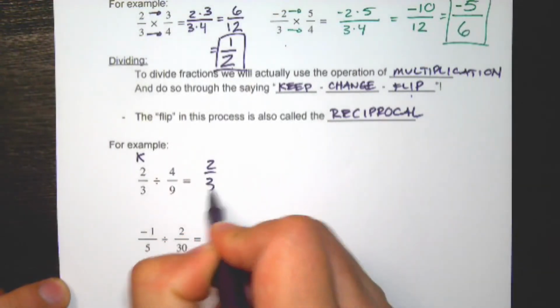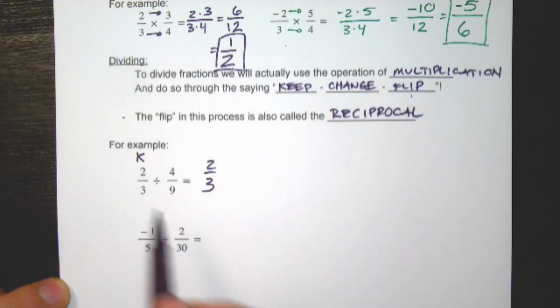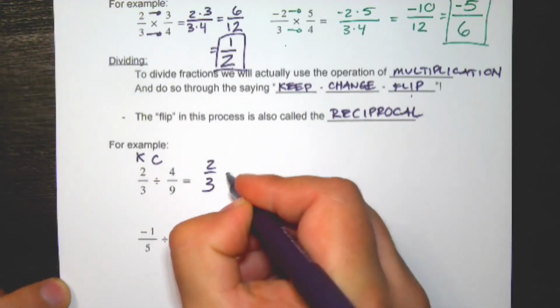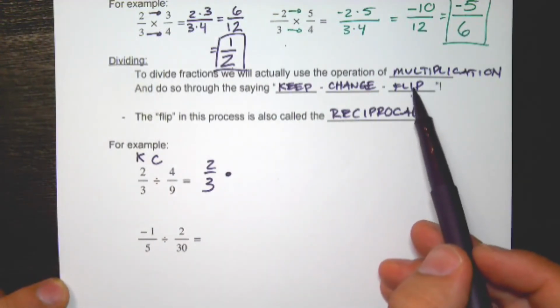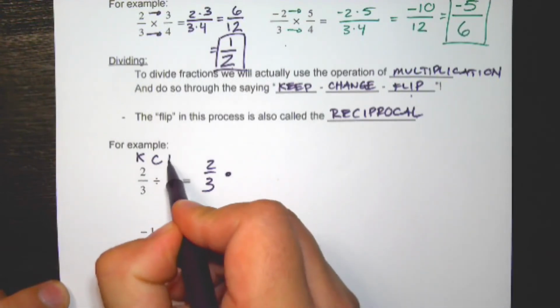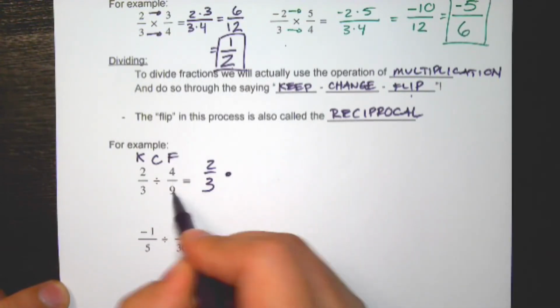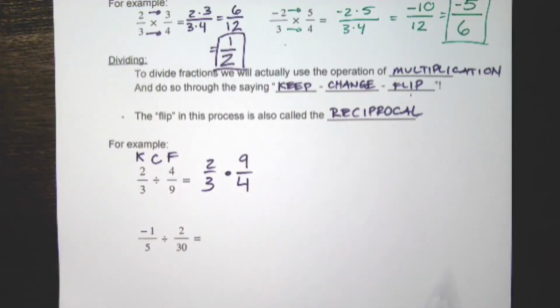So we keep that 2 over 3. We change the operation we're using. So instead of even dealing with division, I'm going to deal with multiplication. And then we flip or take the reciprocal of that last fraction. So instead of it being 4 over 9, we can write it as 9 over 4.